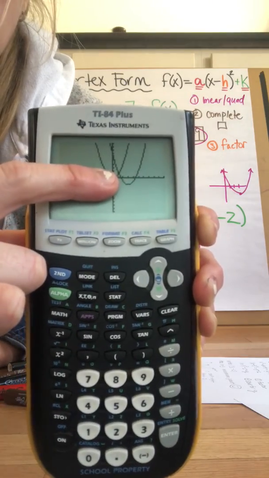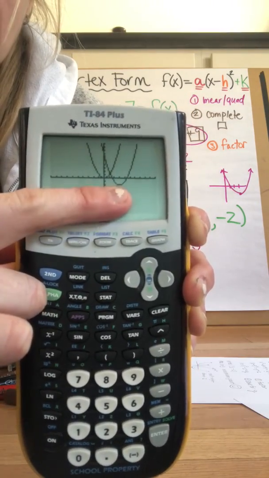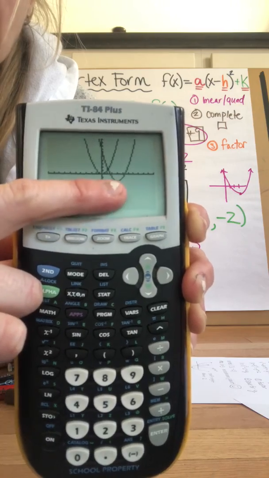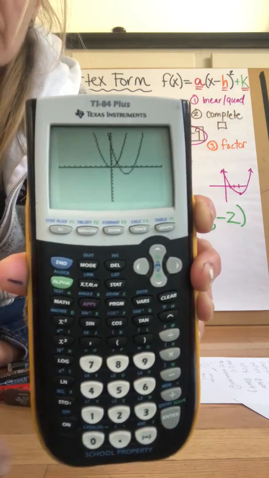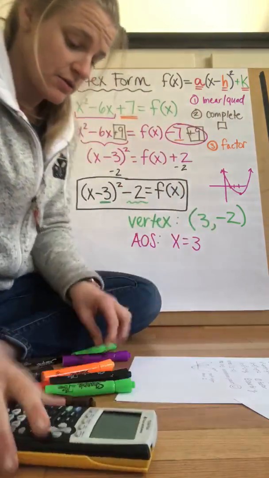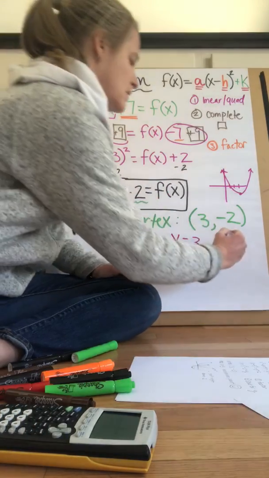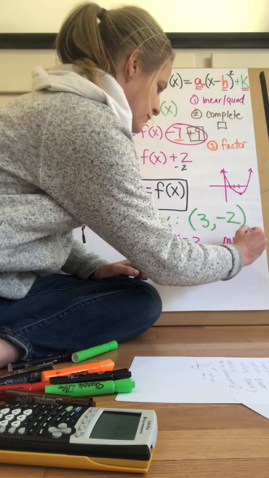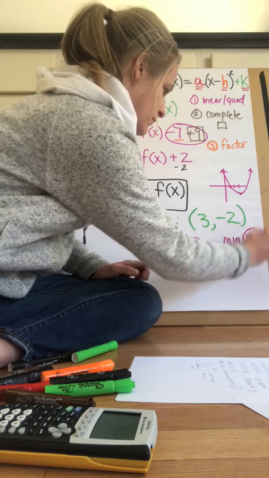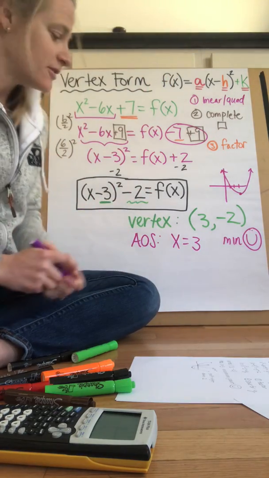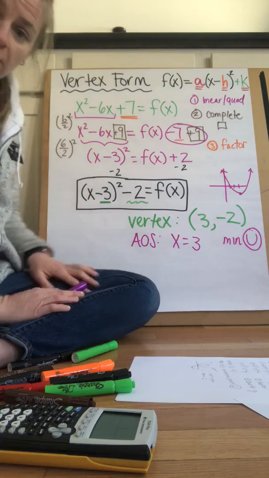That hits at the origin. This is y equals x minus 3 quantity squared minus 2. So we're going to talk about those shifts today. And notice how it was a minimum point. And you could tell that because it's a positive out in front of that square.